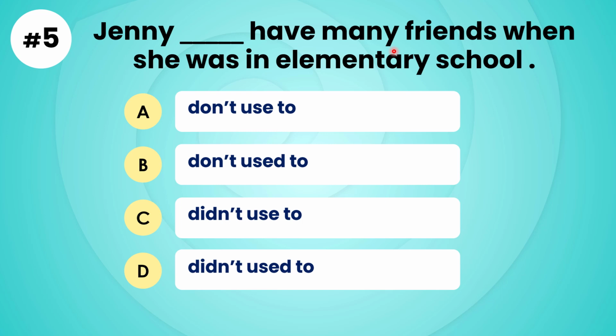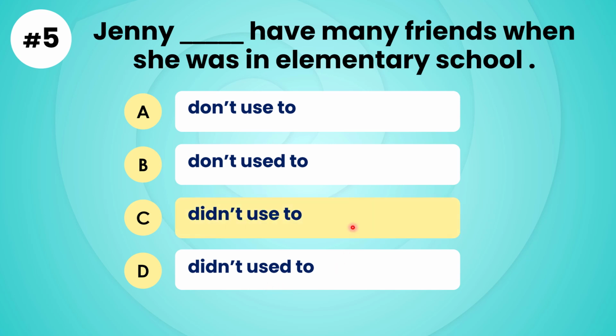Number 5. Jenny have many friends when she was in elementary school. A, don't used to. B, don't use to. C, didn't used to. Or D, didn't use to. The correct answer is C, didn't use to.